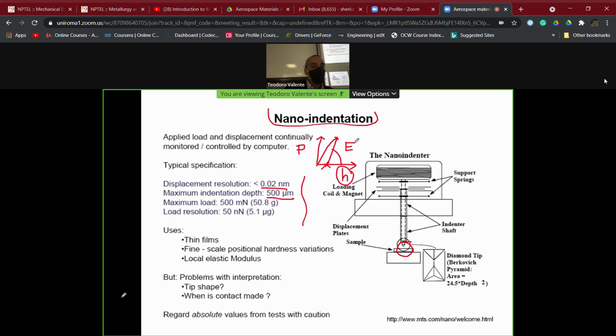And so by using the nanoindentation techniques, when we want to characterize the surface properties in terms of mechanical properties, we can have a measurement of the Young modulus of the materials, apart from the hardness, obviously.